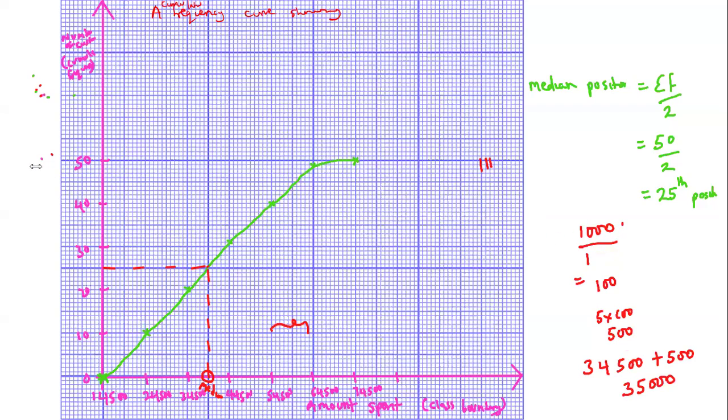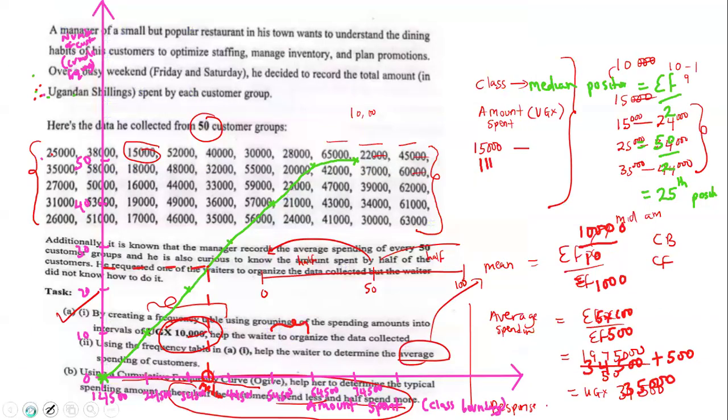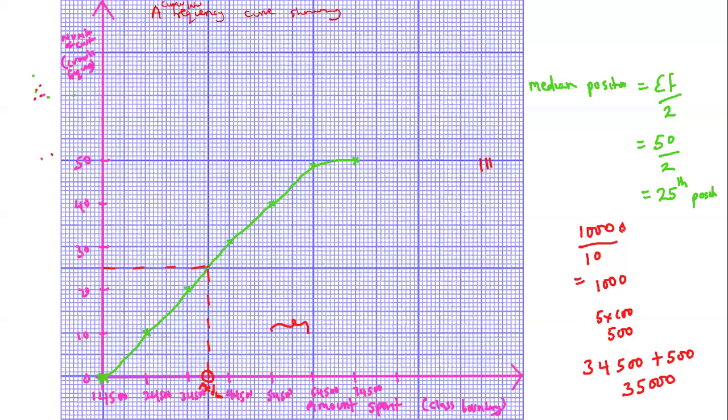The class interval was 10,000, not 1,000. Divided by 10, each box is going to be 1,000. Let me confirm. It was 10,000, so 10,000 divided by 10 gives 1,000 per box. Here, add 5,000.